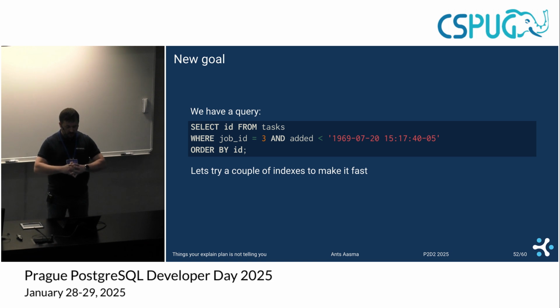We have this query here where we are trying to look at everything in this tasks table from job number 3 that was added before some timestamp. And we want to order this by the ID column to find all of the stuff in correct order. And let's try to figure out which indexes we need to make this stuff fast.